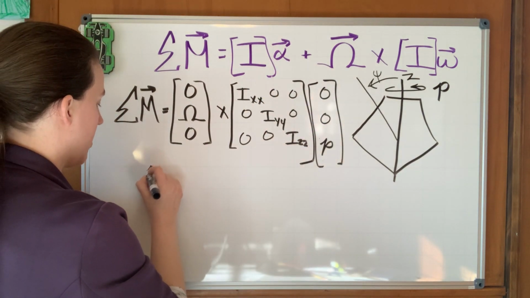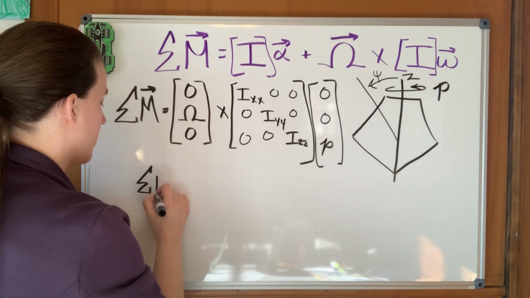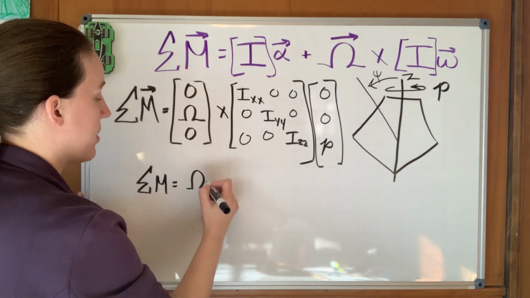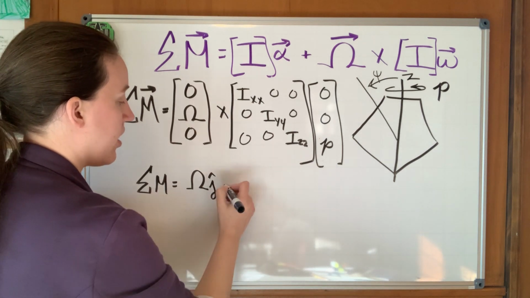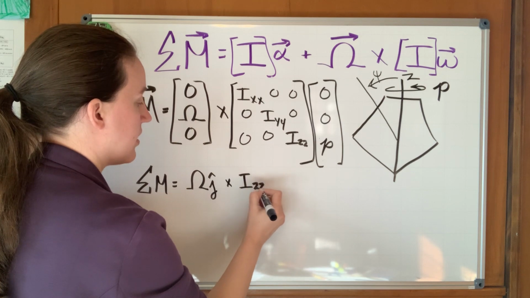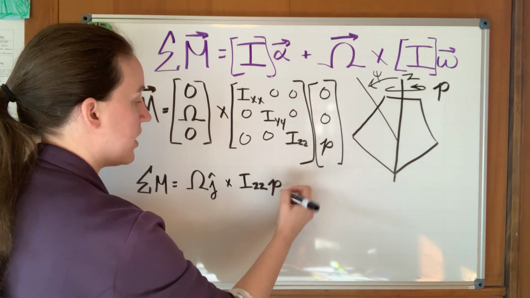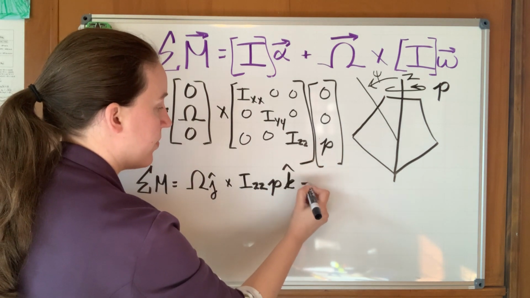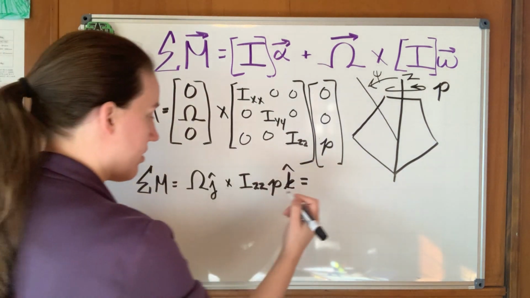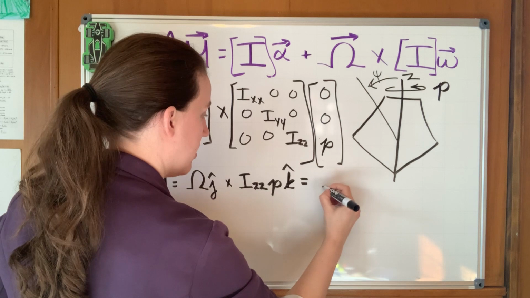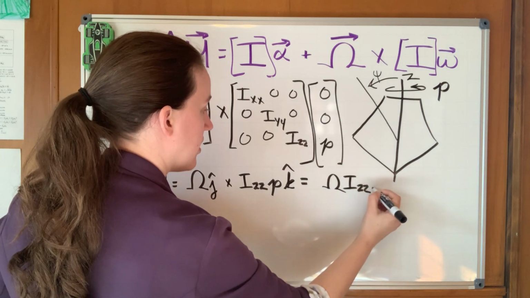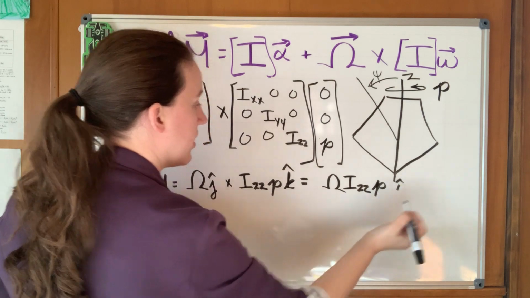So now we just have our sum of the moments equals big omega in the j crossed with Izz times p in the k, which you can already see j cross k is going to be in the i direction. So we've got omega Izz p in the i direction.